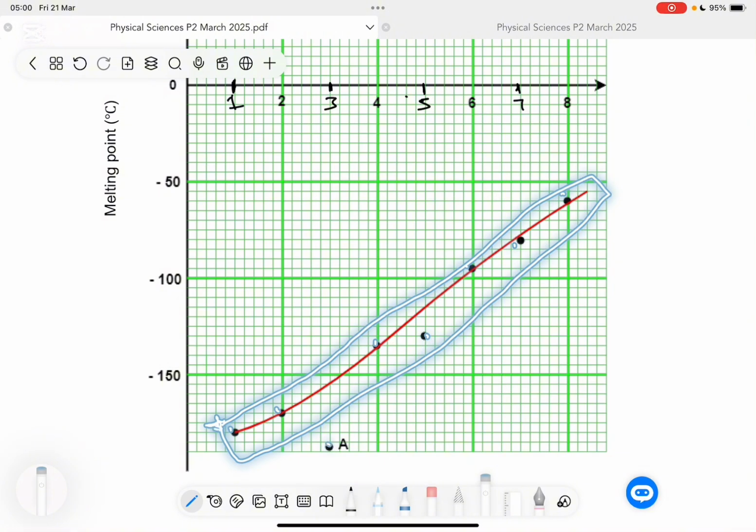But you will notice that point A here, which actually is a propane, doesn't fall within this clustering. It doesn't follow the trend of increasing. It's outside that trend. And this is usually an expected result when you're looking at data points or doing experiments. We see this a lot, or we learn these techniques a lot in mathematics, where we have one point that wouldn't follow a trend, or even two sometimes.